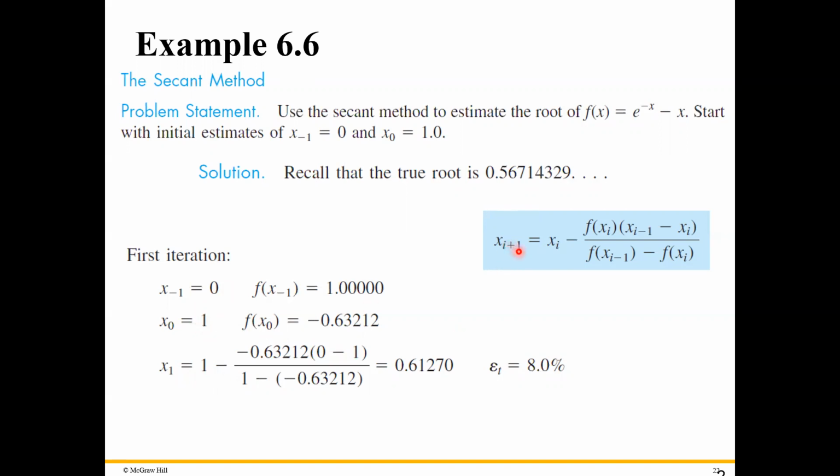If x_{i+1} is x_1, then i is equal to 0, so it will be x_0.